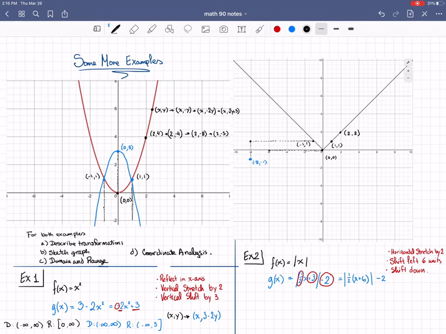And then finally down 2. That's going to go down 2 units. And there's our final point there. Negative 6, negative 2.